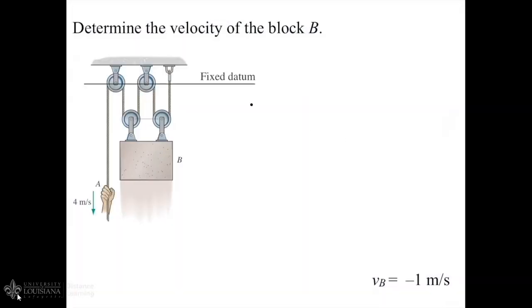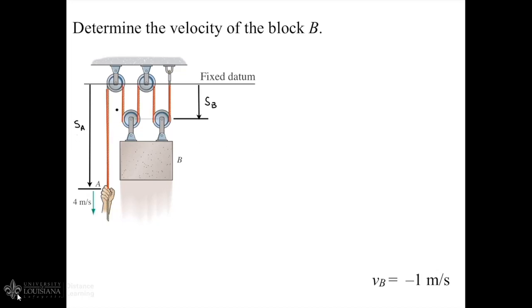Well, here again we establish our fixed datum, and from it we measure the location of the block using this position coordinate. We'll call it S sub B, and we'll measure the end of the cord using this coordinate, S sub A. Now we can write our position coordinate equation.